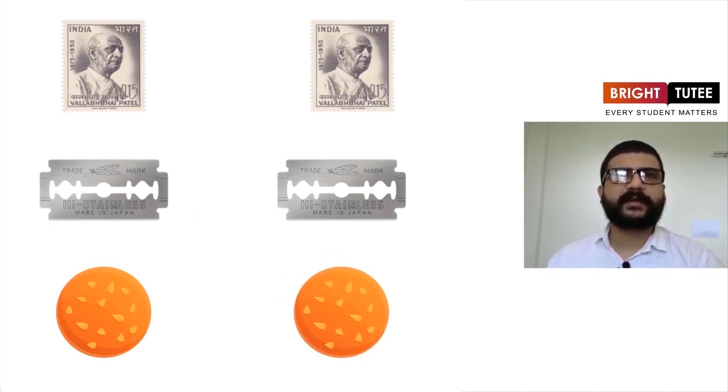Now for checking the plane figures, what we can do? We can just cut one figure and try to overlap it on the another one. By doing so, if it covers the second figure completely and exactly, then we call two plane figures congruent. Now congruency, is it for 3D objects also? The objects which are in 3-dimensional like cube, cuboid, yes, it is for 3D objects also.